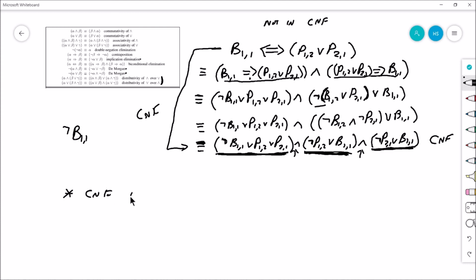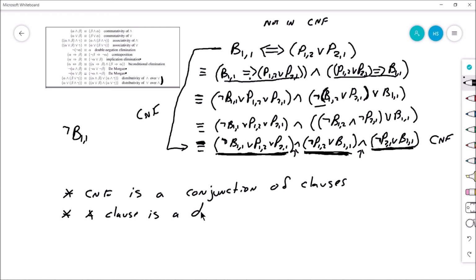CNF is a conjunction of clauses. What's a clause? A clause is a disjunction of literals.